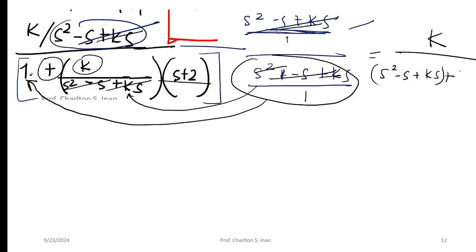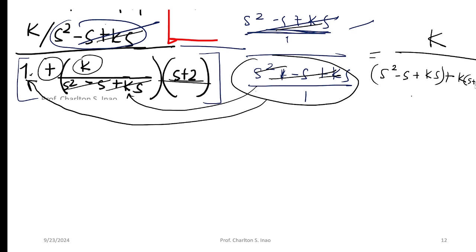Then k s plus 2, k, and then this one is in the numerator. S plus 2, okay? So k s plus 2, okay?